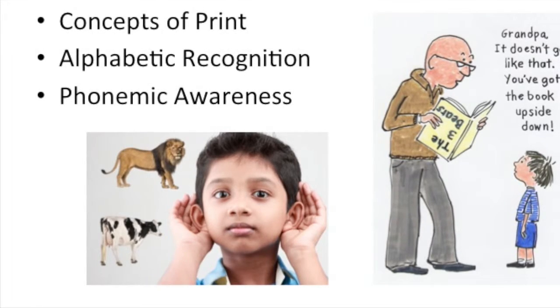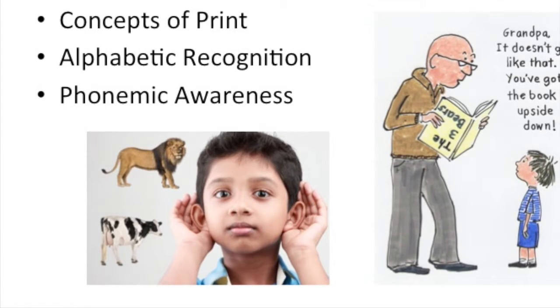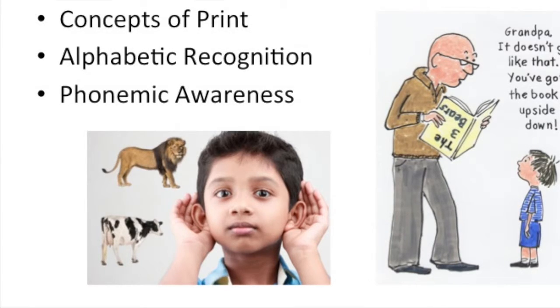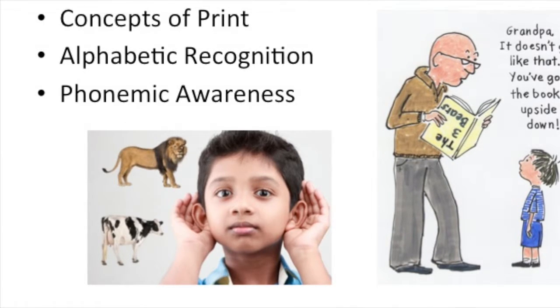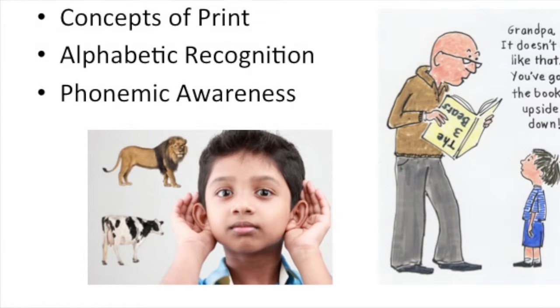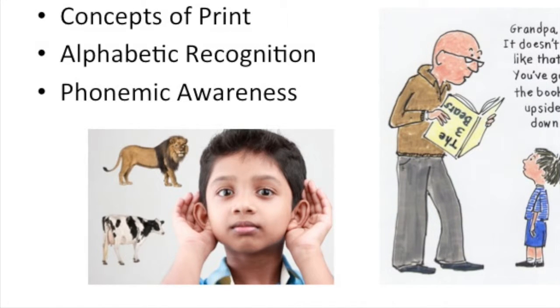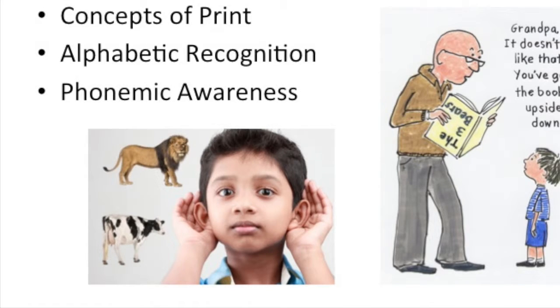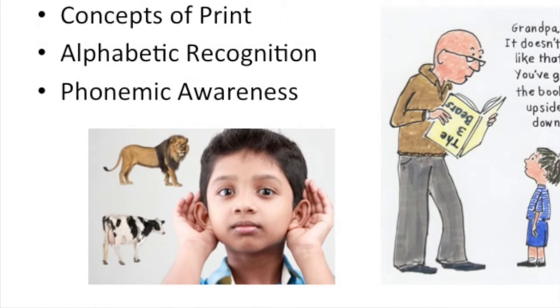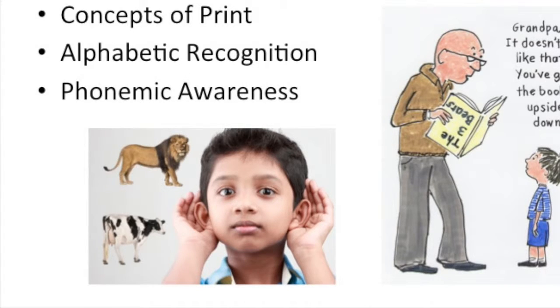Once we've gone through some of that and students have moved a little bit further, we can assess where they're at with their alphabetic recognition. Have they made the connection between sounds and letters? All of these fall into that emergent literacy category, and those are some of the assessments that we do with our earliest readers.